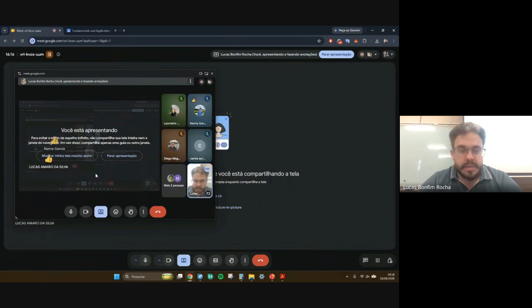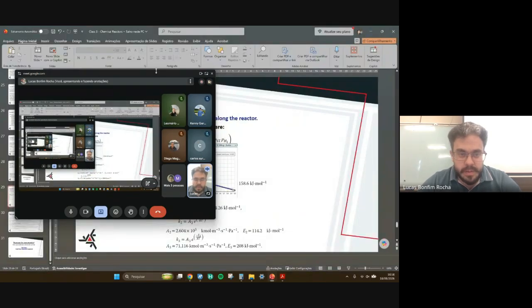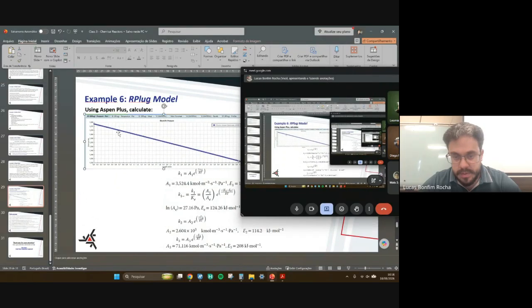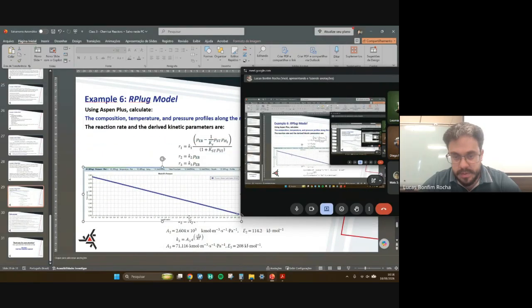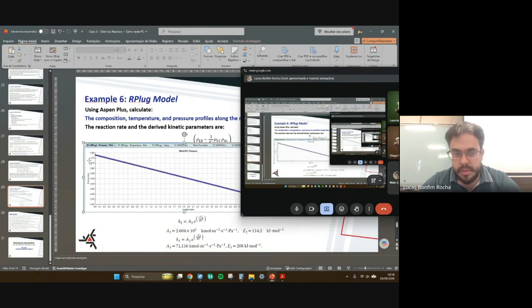So let's briefly discuss other examples for finishing the class. First of all, I prepared here, for example, exercise six, where you asked about the pressure drop, and it's right. In the question, we are asking the pressure drop, so it's the difference between the initial pressure and the end pressure.